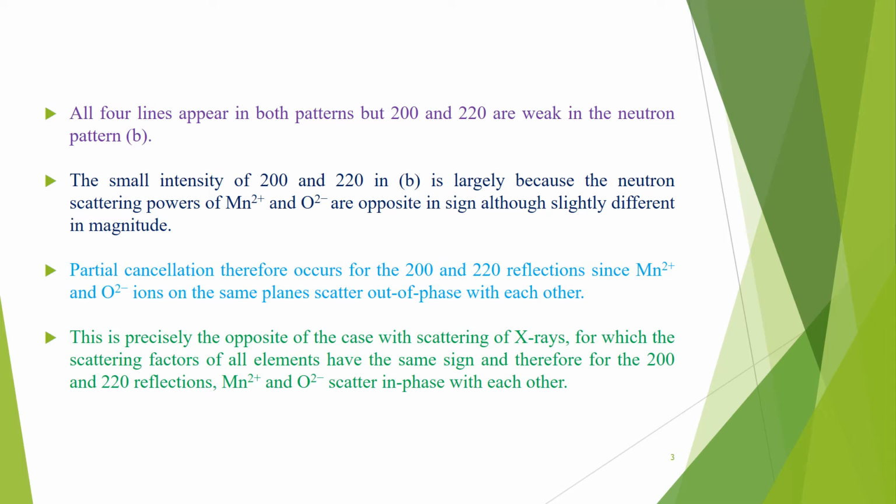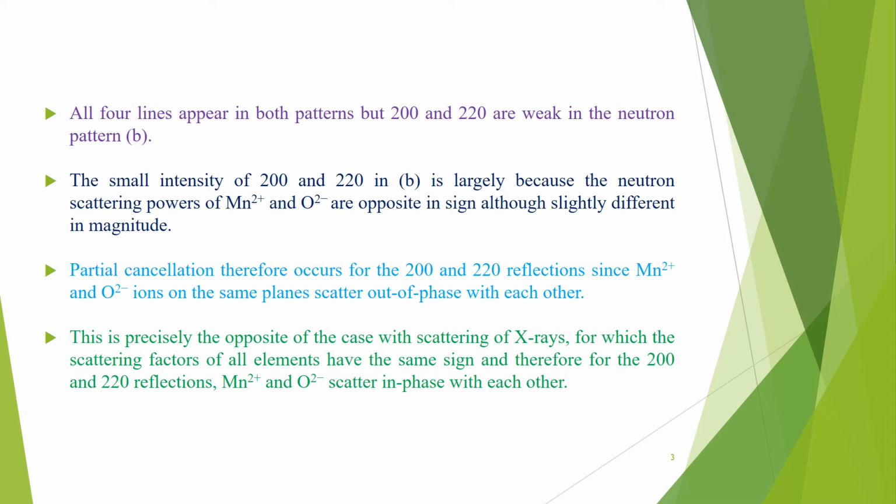All four lines appear in both patterns, but the 200 plane and 220 plane are weak in the neutron pattern B, which was taken at a different temperature in the previous lecture.